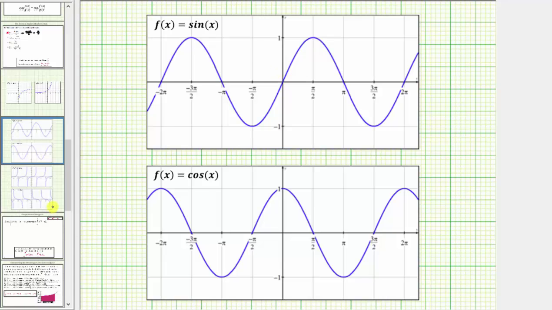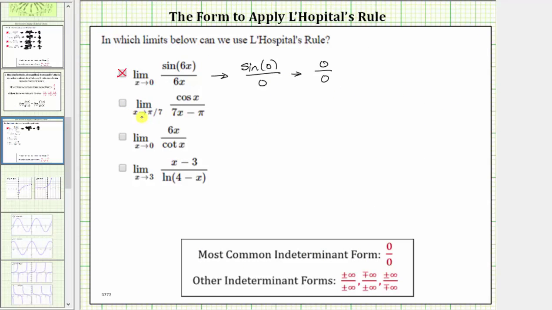Next, we have the limit as x approaches pi over 7 of cosine x divided by the quantity 7x minus pi. As x approaches pi over 7, cosine x approaches cosine pi over 7. And the quantity 7x minus pi approaches 7 times pi over 7 minus pi.